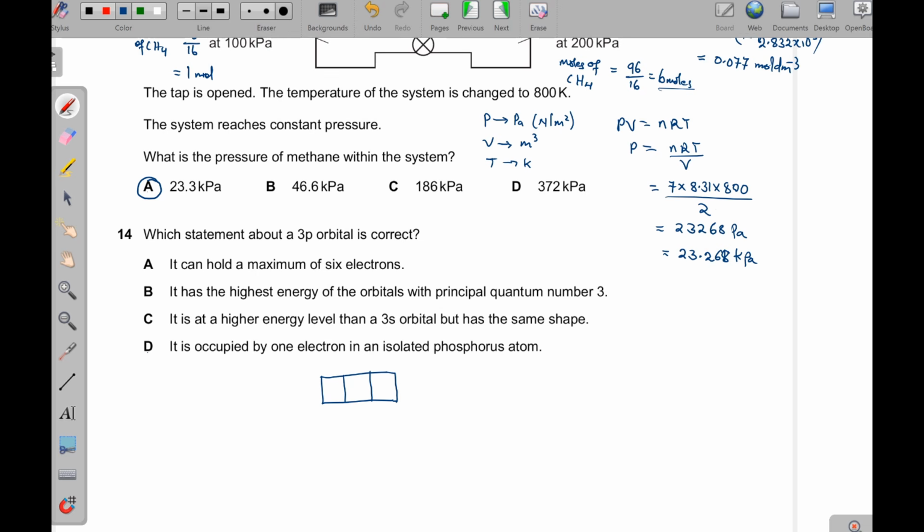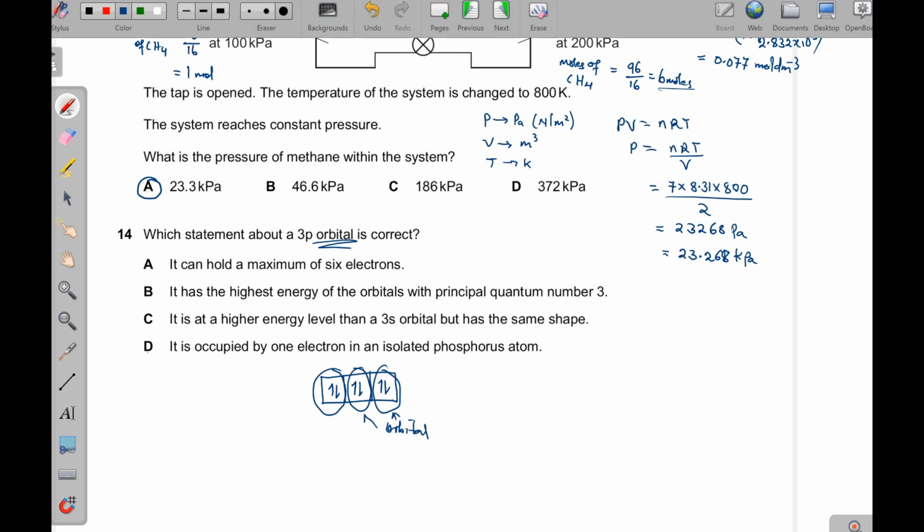You might think, and indeed it is true, this subshell can hold a maximum of 6 electrons, but they are talking about an orbital. So they mean this one here, this one here, this one here. So this is the orbital.